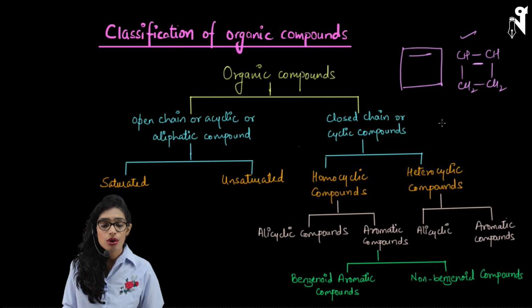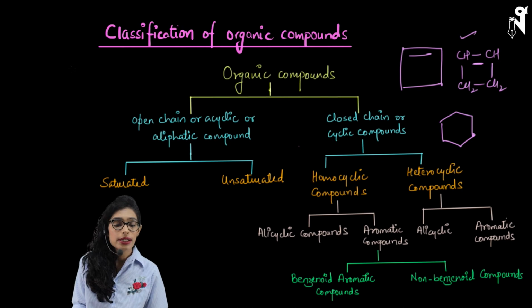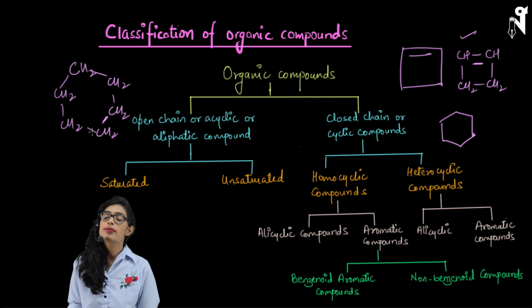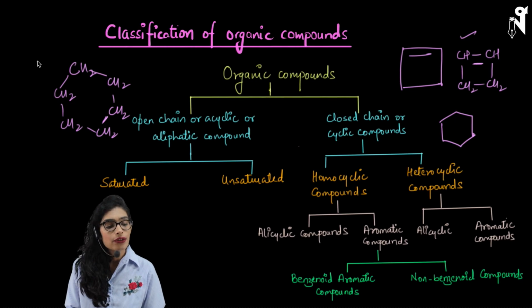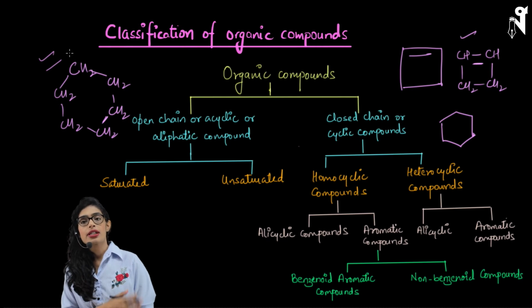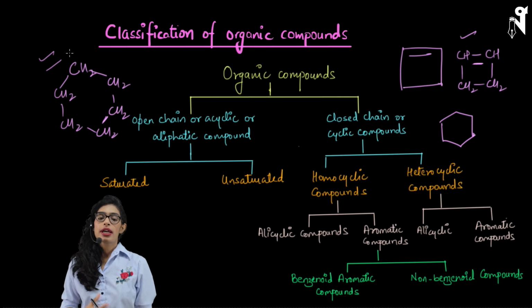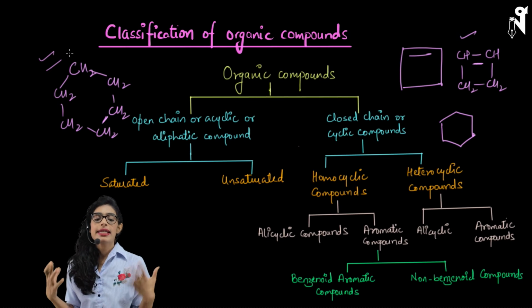Similarly, if I draw cyclohexane, cyclohexane is nothing else but CH2, CH2, CH2, CH2, CH2, and CH2, right? This kind of compound also does not possess any aromatic type of property or aromatic pi electrons, and hence it will be considered an alicyclic compound.